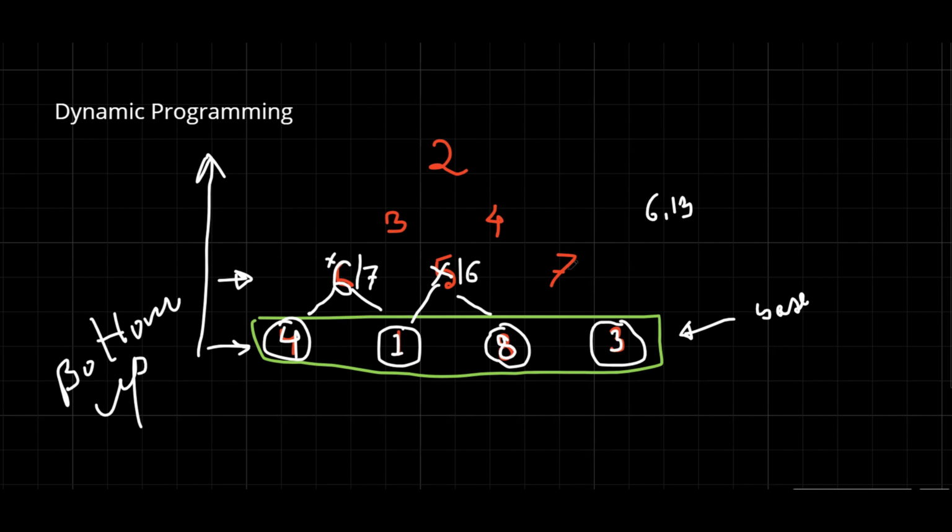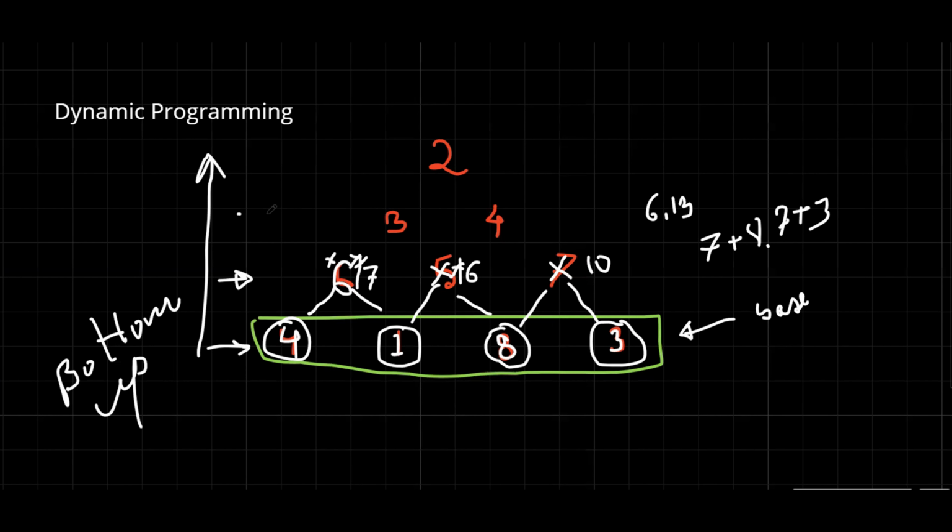The answer is the minimum of 7 plus 8 and 7 plus 3. If we go this path, the sum is 15, and if we go this path, the sum is 10. The minimum of 15 and 10 is obviously 10, so we discard 7 and replace it with 10.